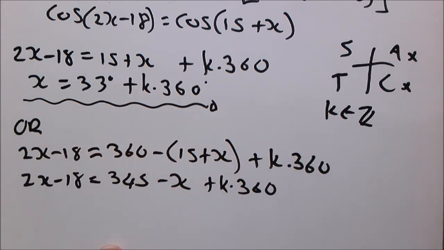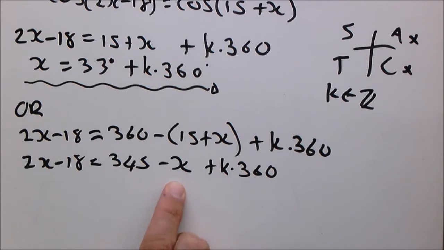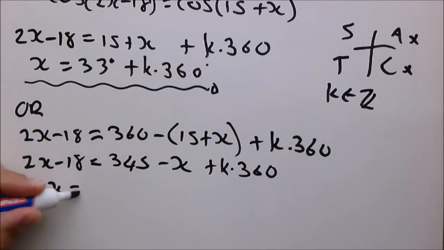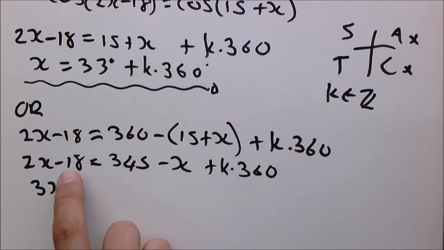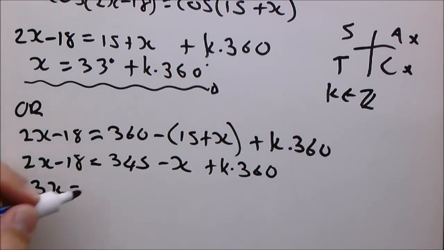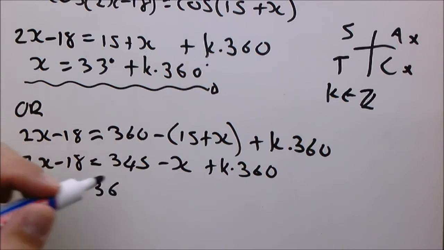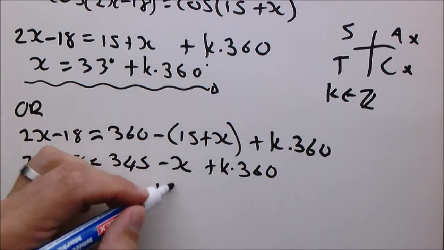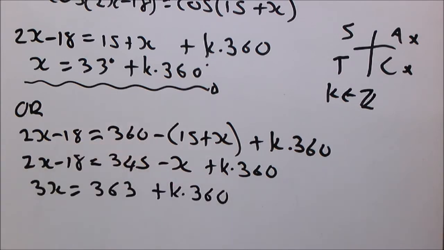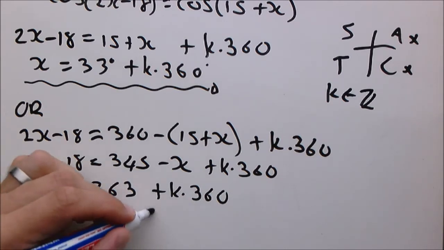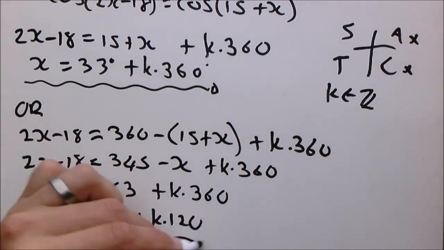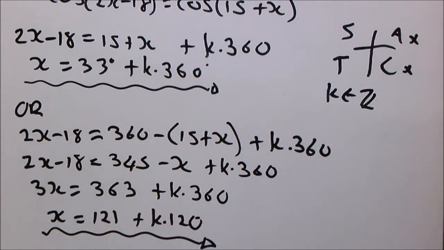Now we can simplify by bringing the x across, so this becomes a 3x, and then the negative 18 becomes a positive 18, so this will become 363 plus k 360. So let's divide by 3 on both sides. So on the left hand side it becomes an x, on the right hand side 121 plus k times 120. And there you have your two general solutions to this question.